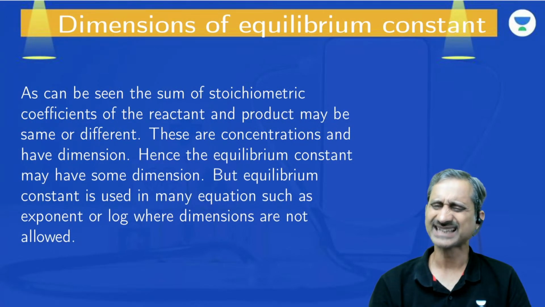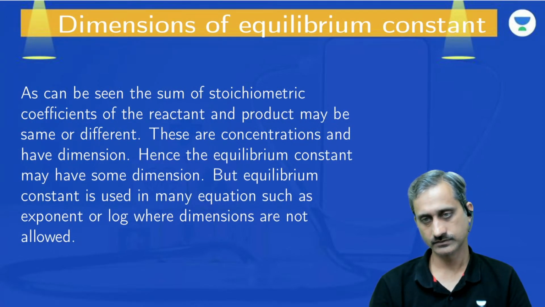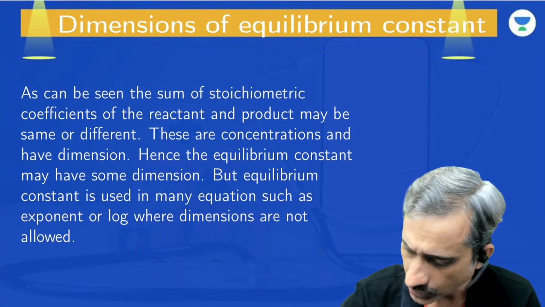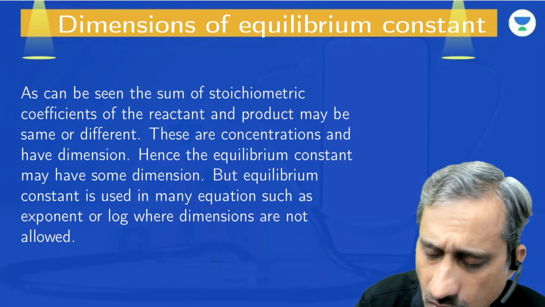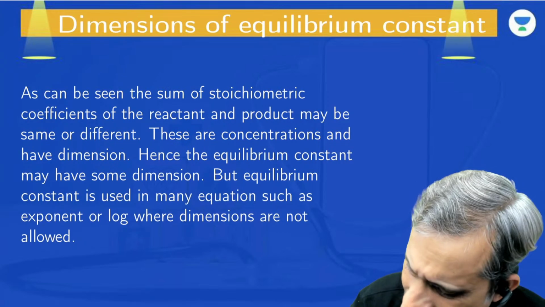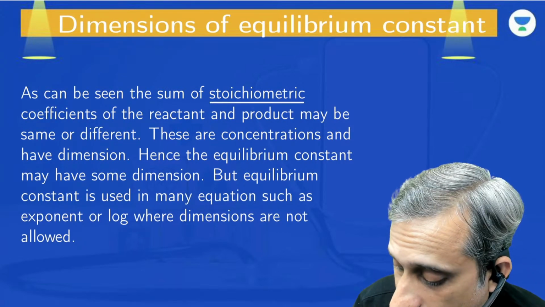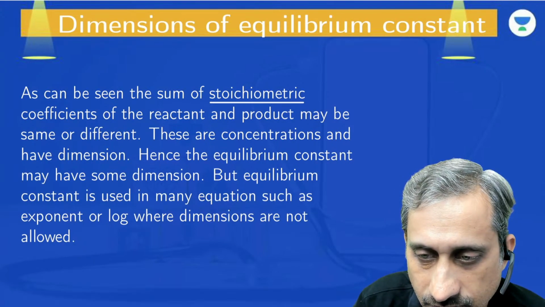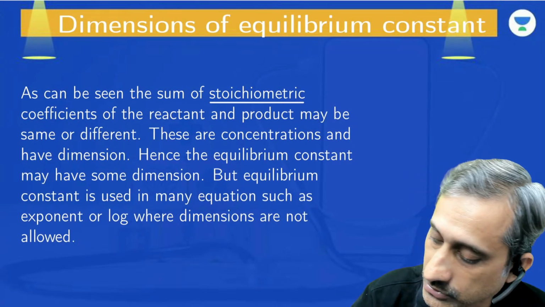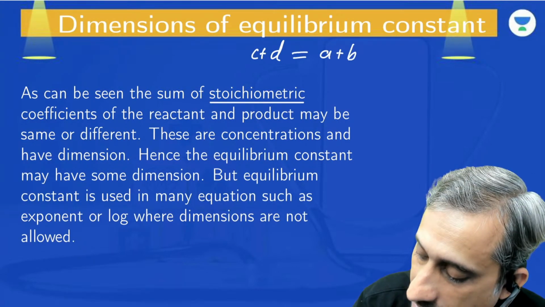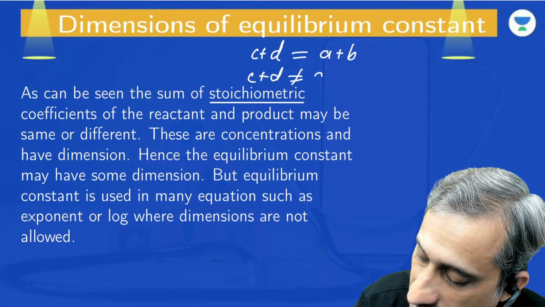Now let's talk about the dimensions of equilibrium constant. What would be the dimensions of equilibrium constant? When we talk about the sum of the stoichiometric coefficients of the reactants and products, they may be the same, may be different. So C plus D may be equal to A plus B, or may not be equal.